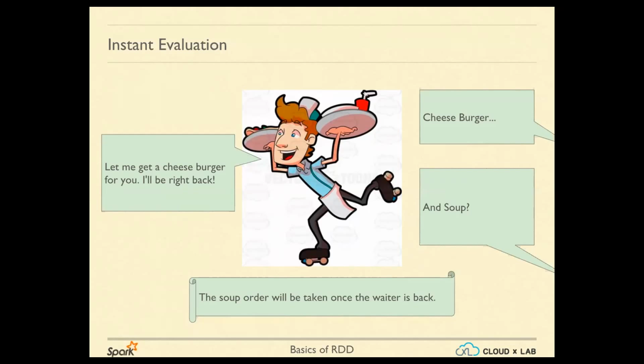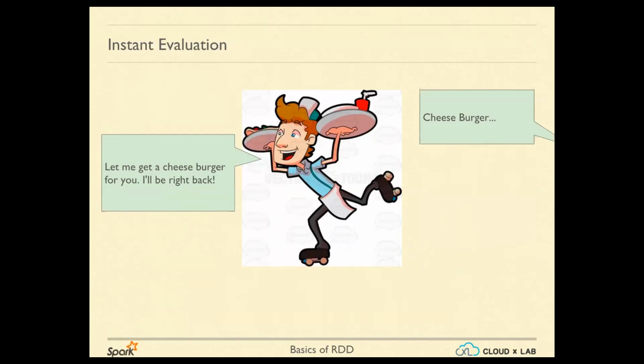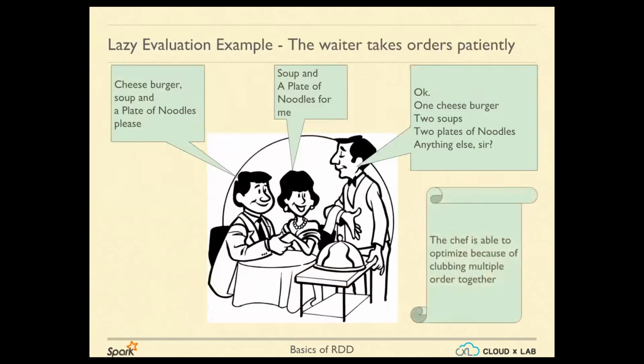Okay, so what are the things that we are saving here? One, the waiter is not making multiple trips to the kitchen, correct? I'll come back to this one. This is a very important part, because we kind of fail to understand this part.